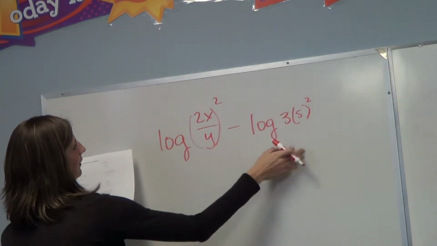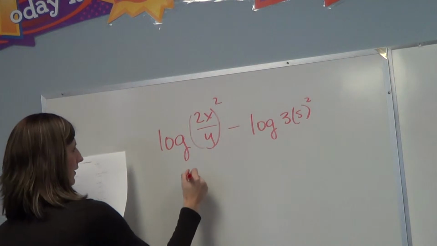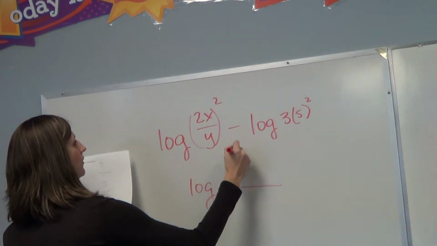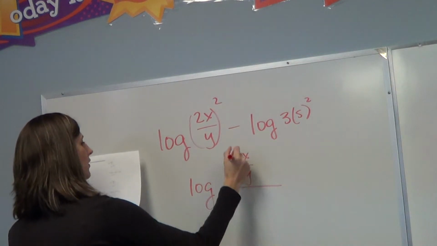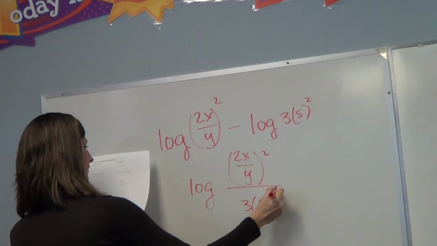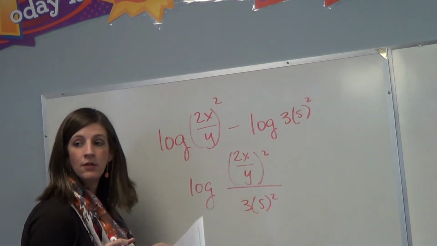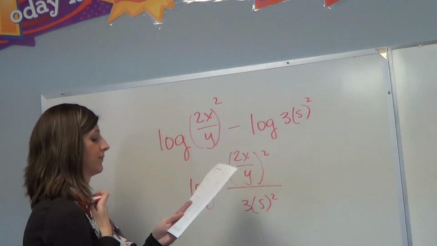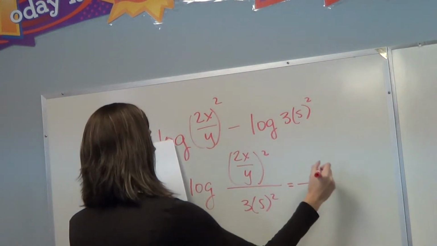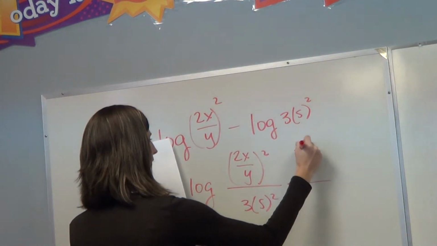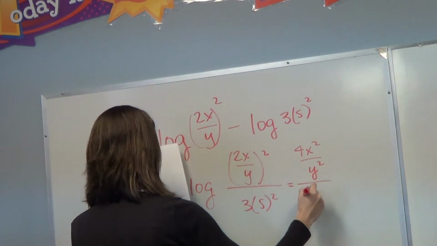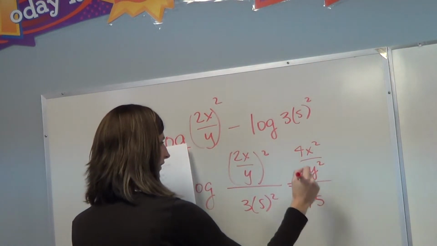Okay, so then if these logs are subtracting, then it's the log of this divided by this. So that would be 4x squared over y squared over 75.